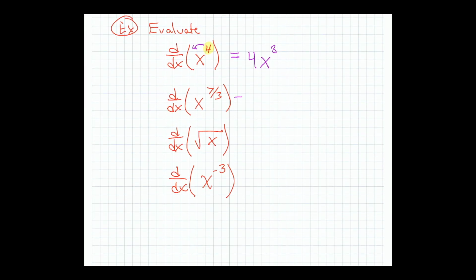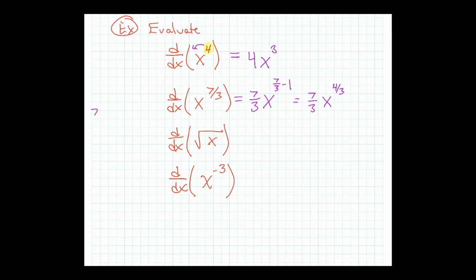Like if I want to do this one, x to the 7/3, you take 7/3 down in front, x, and you have to do 7/3 minus 1 for the exponent, right? That's a little bit harder to do because it's fractions, but if you do 7/3 minus 1, you're going to get 4/3, right?